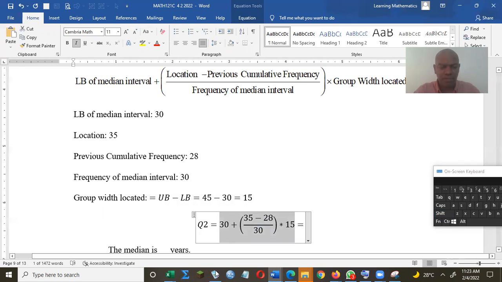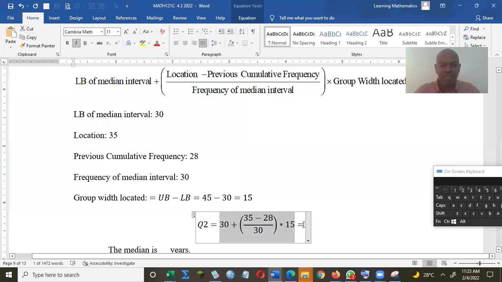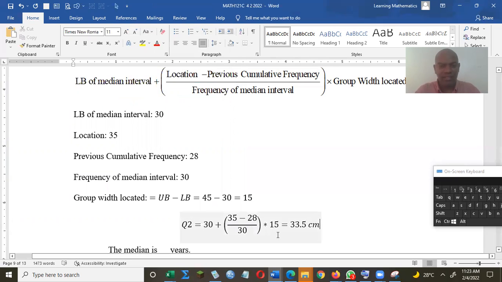Let's put this in our calculator. The lower boundary plus the location minus the previous cumulative frequency divided by the frequency of the median interval times the group width. We got an estimated value of 33.5 centimeters. Okay, so therefore the median is 33.5 centimeters, not years.